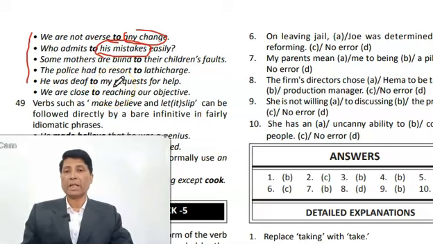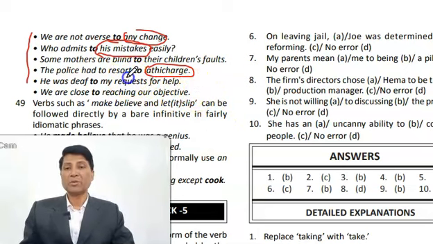And here also see, "The police have to resort to lathi charge." So "lathi charge" is not a verb. It is not the basic form of a verb. It is a noun. So when "to" is used as a preposition, like in the last example you can see, "We are close to reaching our objective."